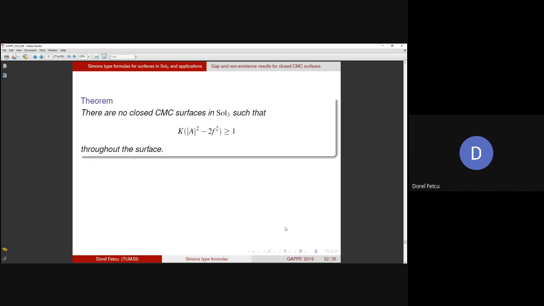Now, a similar result shows that there are no closed CMC surfaces in Sol such that the Gaussian curvature, the mean curvature, the square norm of A and the mean curvature function satisfy this inequality at any point on the surface.